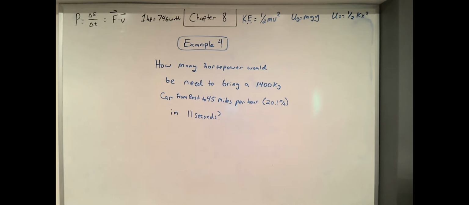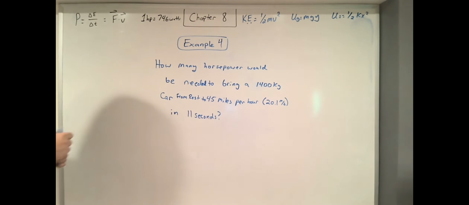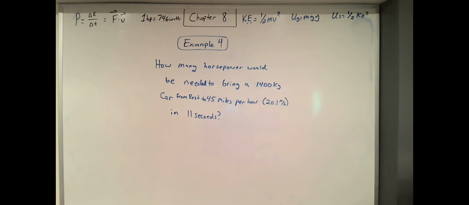Question states, how many horsepower would be needed to bring a 1,400 kilogram car from rest to 45 miles per hour, which is about 20.1 meters per second, in 11 seconds of time?